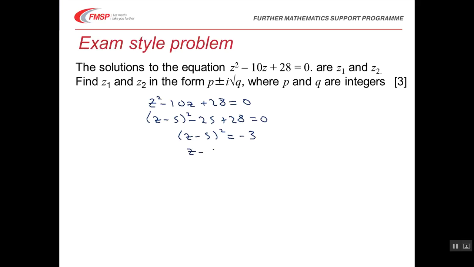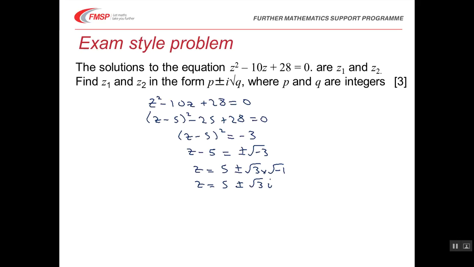Carefully square rooting both sides, I get plus or minus the square root of minus 3. Therefore z is 5 plus or minus the square root of 3 times the square root of minus 1. Therefore z is 5 plus or minus root 3i.